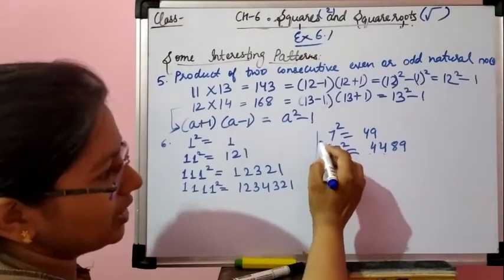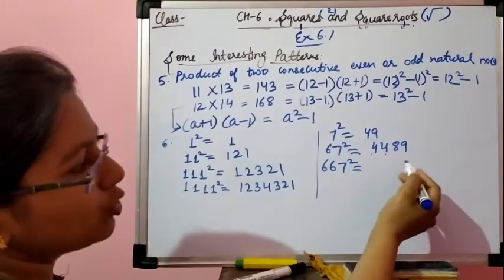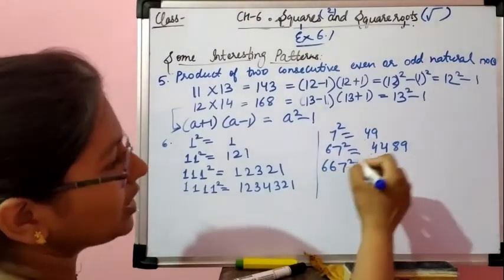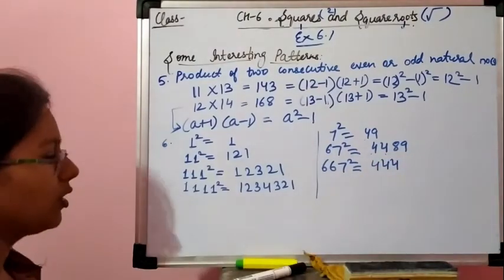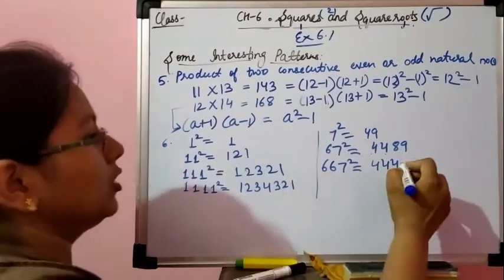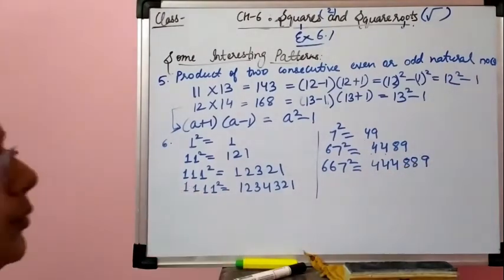Here zero 6s were there, no 6, that's why one 4 is coming. One 6, so two 4s will come. If two 6s are there, then three 4s will come. Okay, and then 2 8s will come and 9 will come at the end.